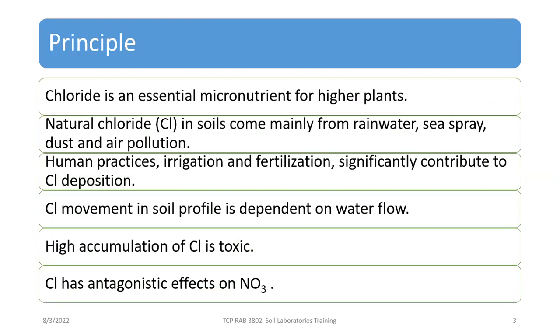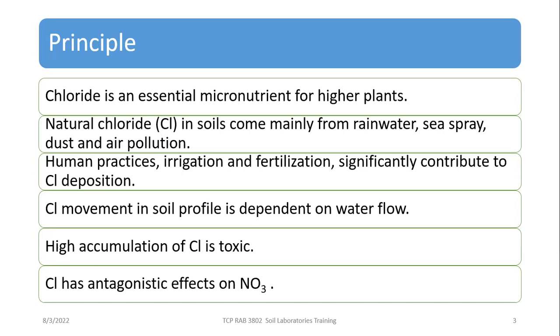Although in the past the tradition is that chloride is not considered an essential micronutrient for higher plants, there is a new trend that chloride is an essential micronutrient, and it is very important for crops and plant growth in general.